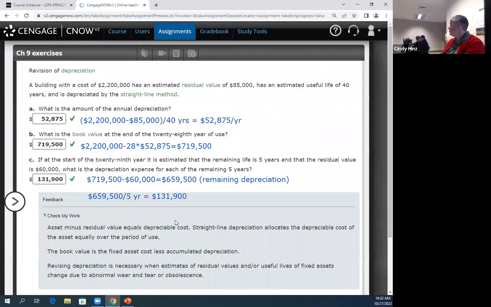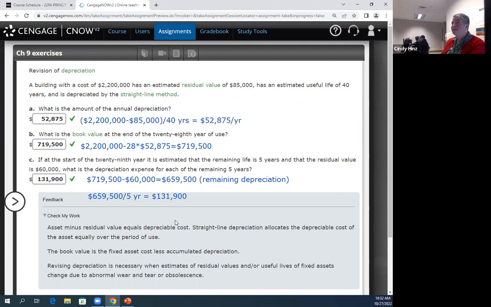So we just had to recalculate based on the new information we have, because that's a significant difference. That is what we call a material difference. It could make a difference to someone looking at our business and trying to make a decision based on the information we include in our financial statements.